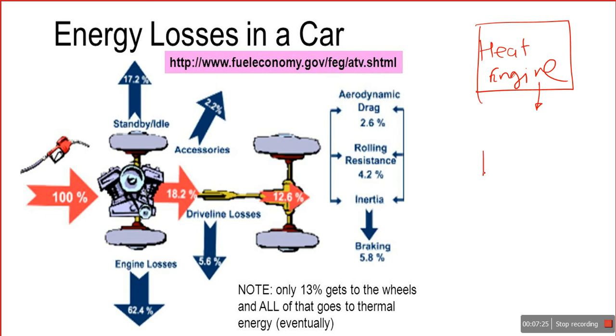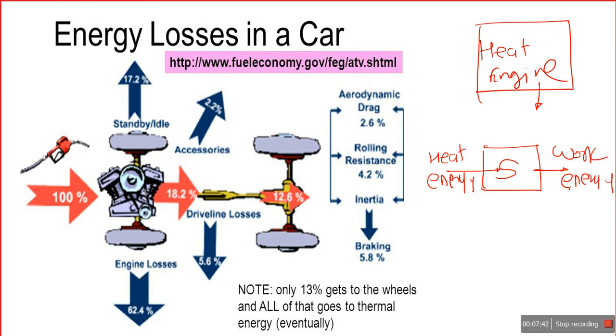A heat engine is any system where heat energy is converted into work energy. Any system where heat energy is converted into work energy is called a heat engine.